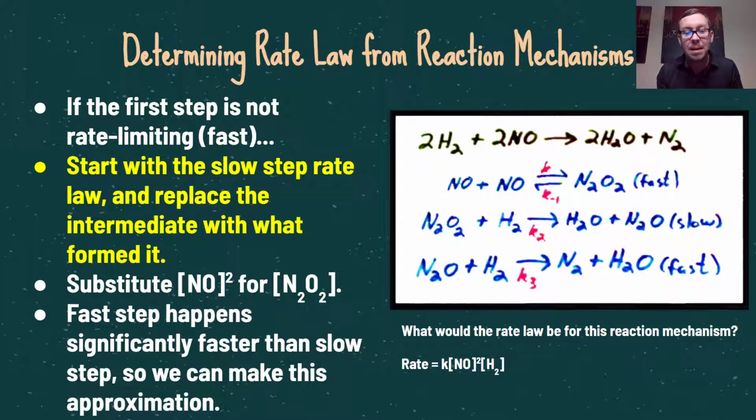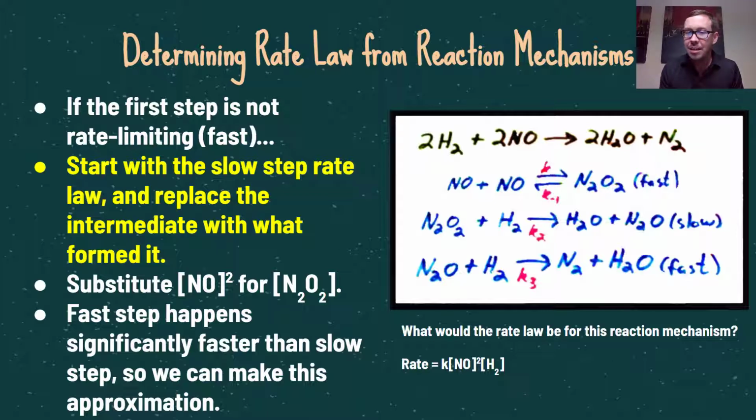So my rate's going to be k times the concentration of NO squared times the concentration of hydrogen. Again, we approximate that step by getting rid of the intermediate and substituting for whatever formed it. I go back and check and recognize that, yes, this is an appropriate reaction mechanism for this reaction.